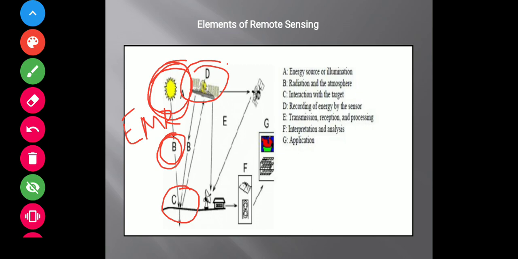There are some sensors which have the capability to send the energy radiations to the target C when the external energy source is absent. Such sensors are known as active sensors, and the sensors which work in the presence of some external energy source are known as passive sensors.